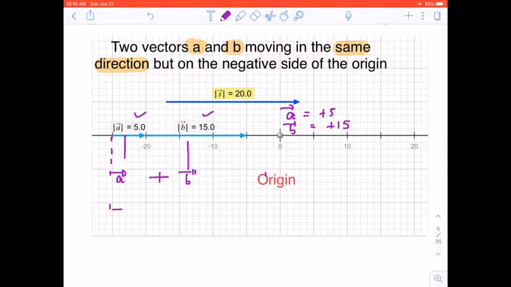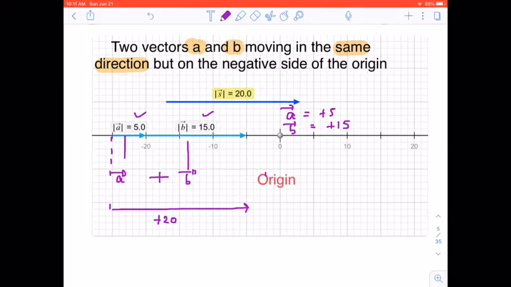Our resultant, from the tail of the first to the head of the last vector, is equal to plus 20.